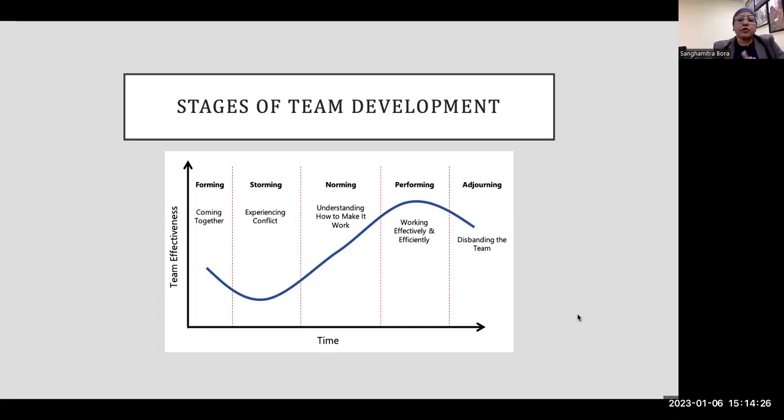Okay. So what happens in the first stage is that there is a forming stage, or the coming together of people. Perhaps the leadership of the organization, or your department, has mandated that these 3 or 4 people would come together, and from now on will work in a team. So that is called coming together.